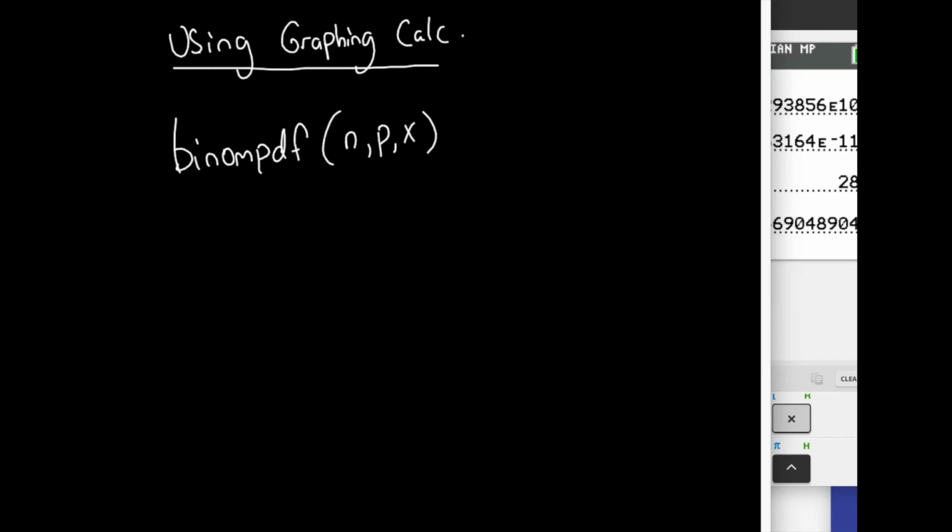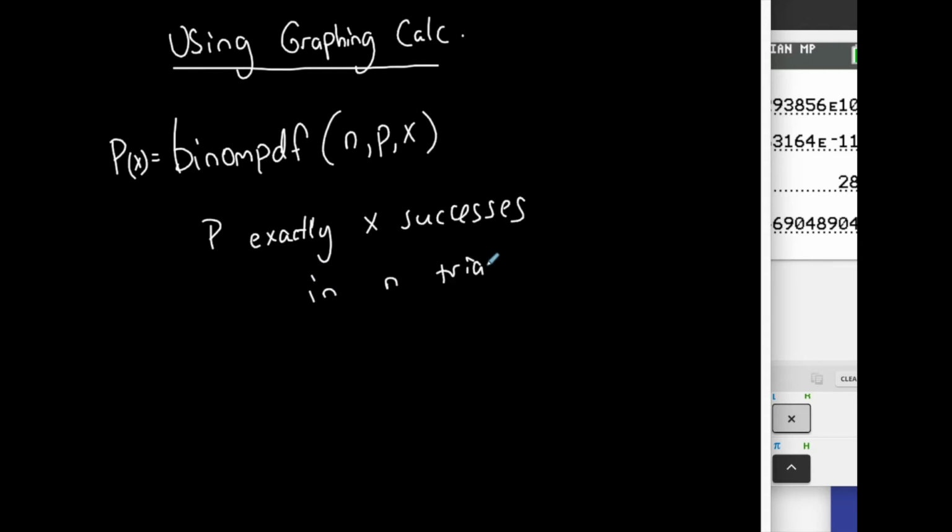This is going to give the probability of x successes in n trials, so the probability that I randomly get exactly x successes in n trials. That's why I said sometimes if you hear the word exactly, that's a hint for binomial situations.